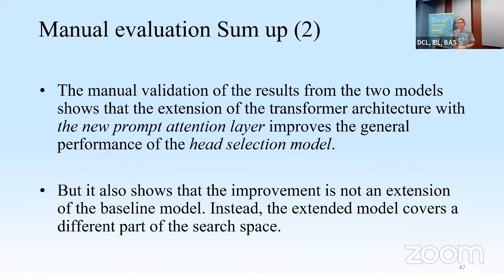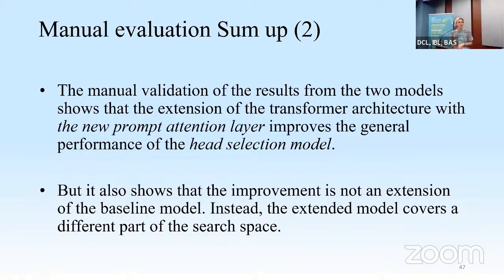Okay, so our idea was to show that the extension of the transformer architecture with some knowledge, even shallow syntactic knowledge, already improves the model. And it is due to the fact that the head selection model is improved.